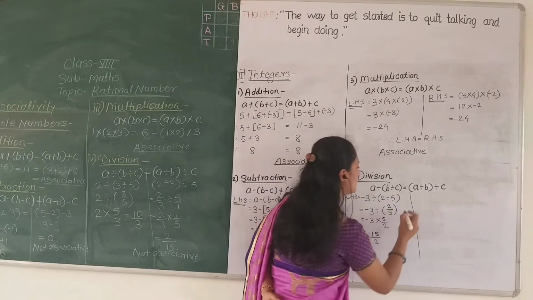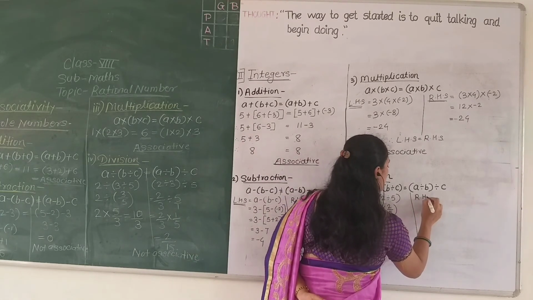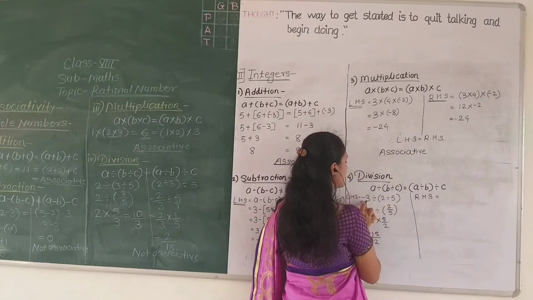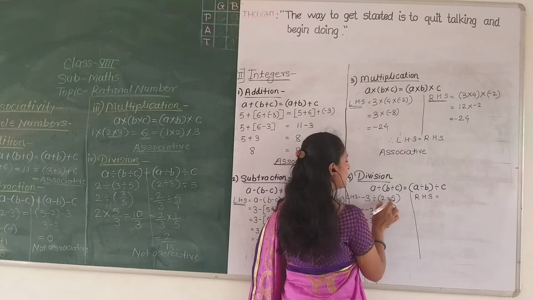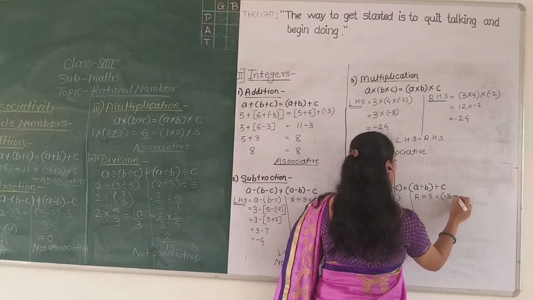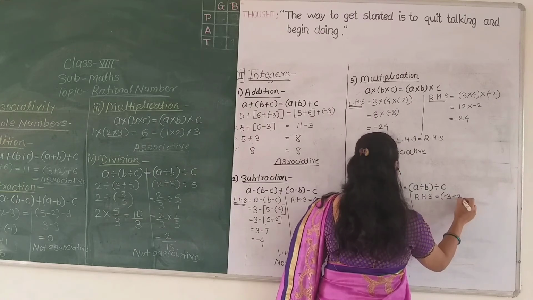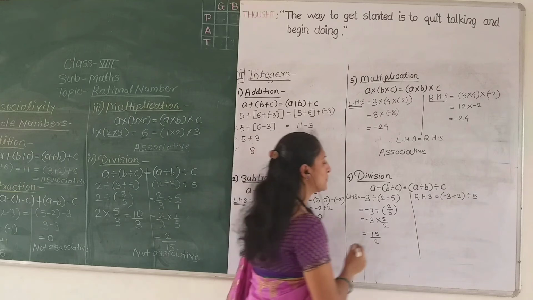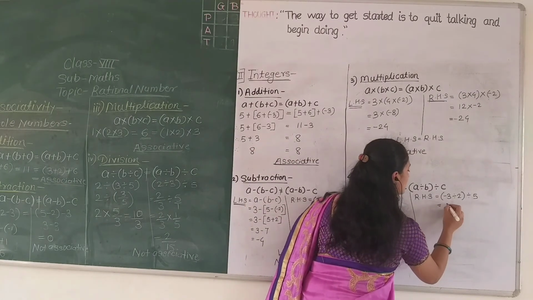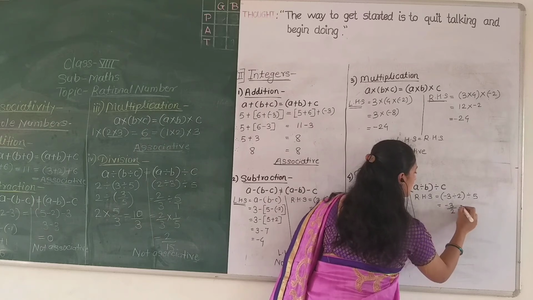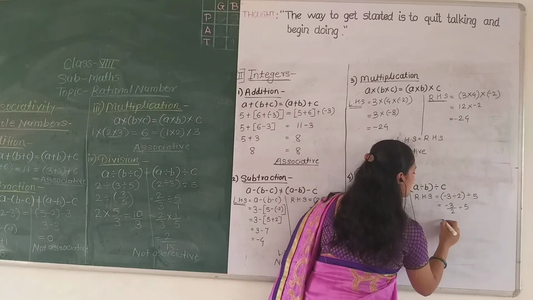Now let us take the RHS here. RHS equals A divided by B, divided by C. Now A is negative 3, B is 2 and C is 5. We will make the group of negative 3 divided by 2, divided by 5.